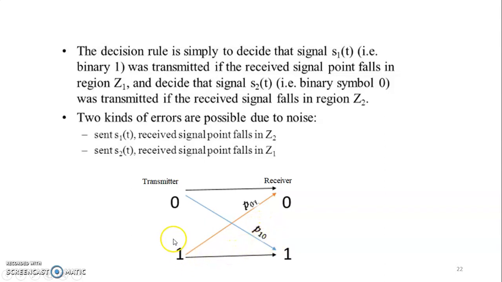And similarly, if we are transmitting 1, the correct reception is 1 at the receiver, but due to the presence of noise, we are receiving 0 at the receiver. That probability of getting 0 at the receiver when 1 is transmitted is represented by P01. So these are the two kinds of error possible due to the presence of noise.